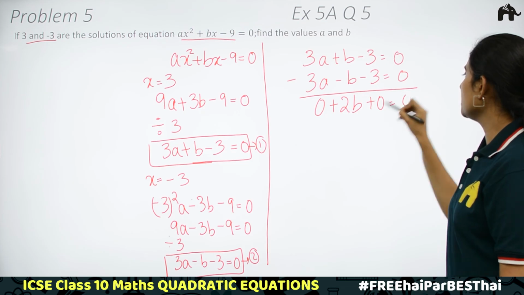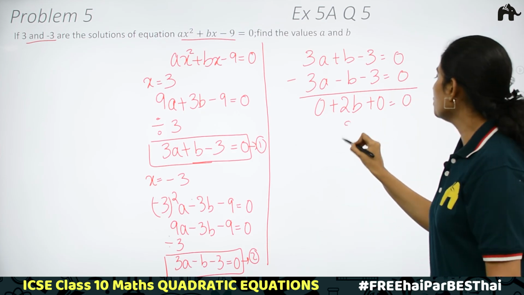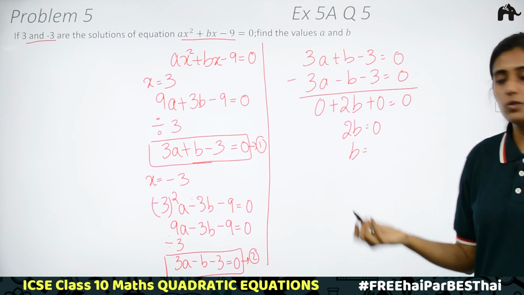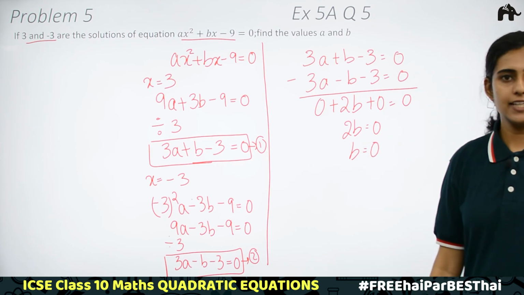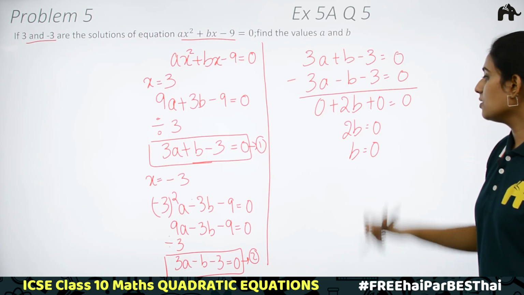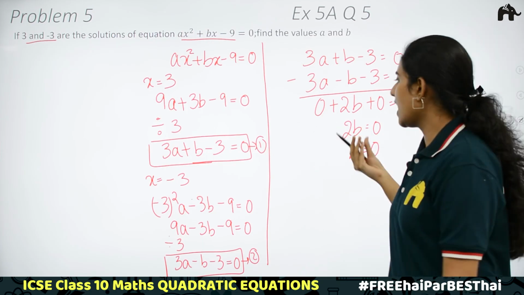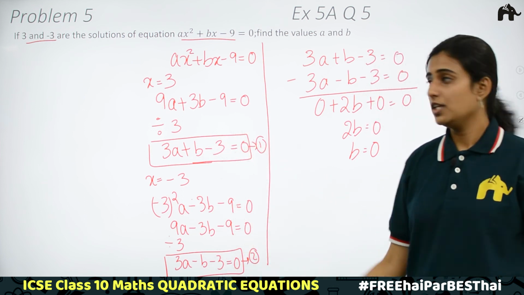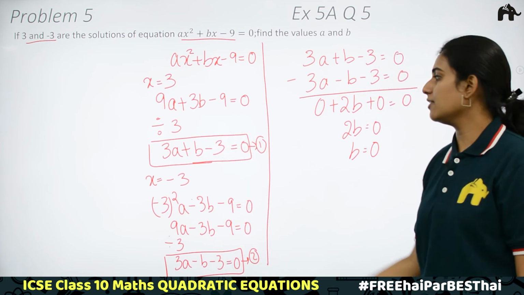This is equal to 0, which means 2b is equal to 0, or b is equal to 0 by 2, which is 0. We got the value of b. Now, we need to substitute the value of b either in equation 1 or in equation 2. When you substitute this, you will be getting the value of a.